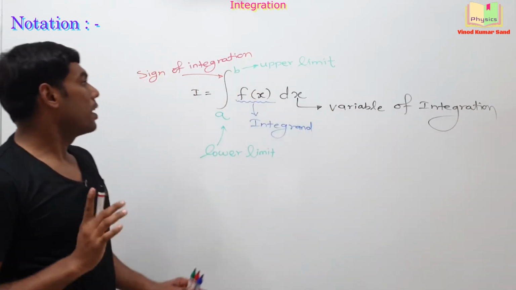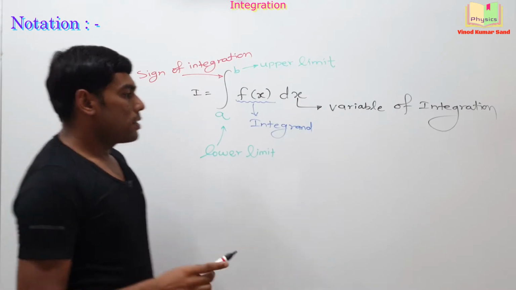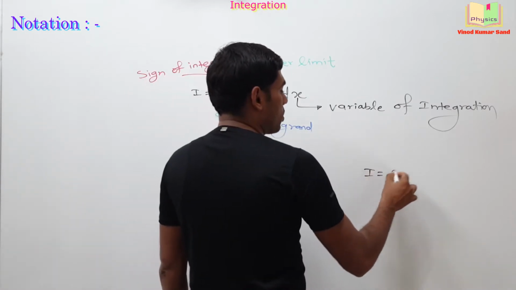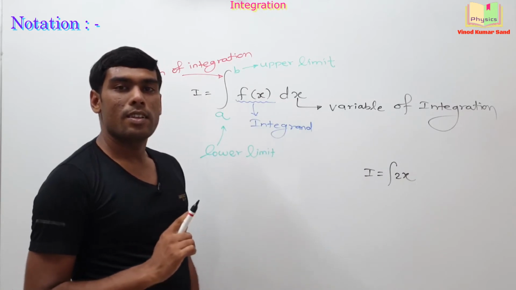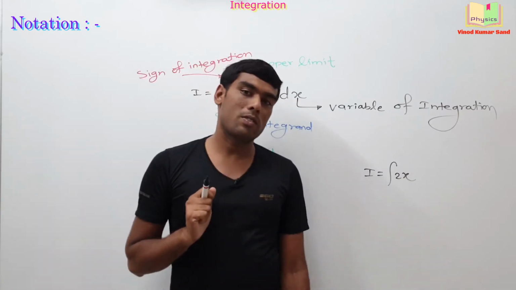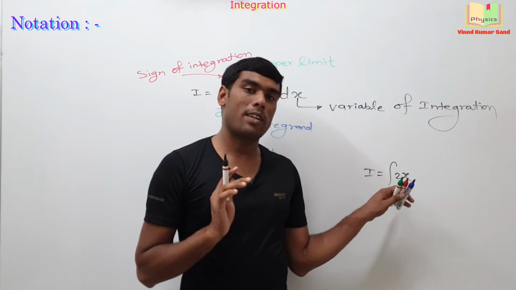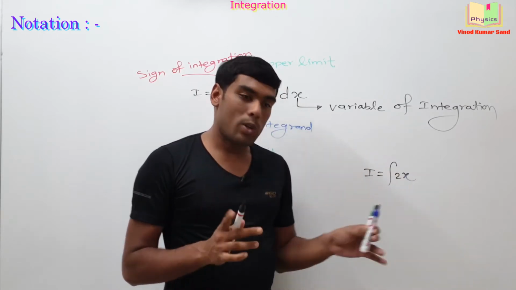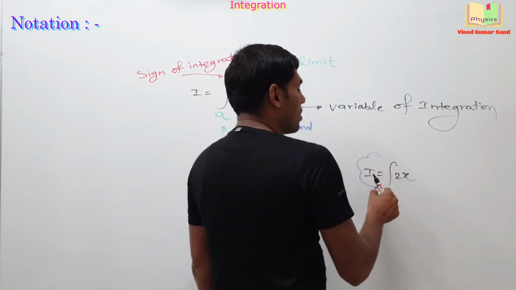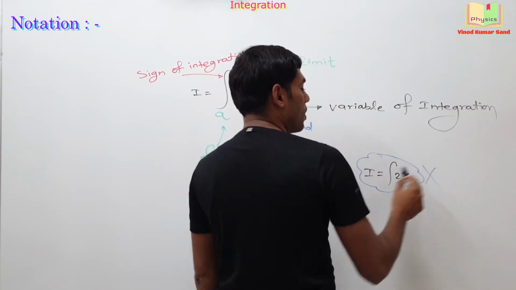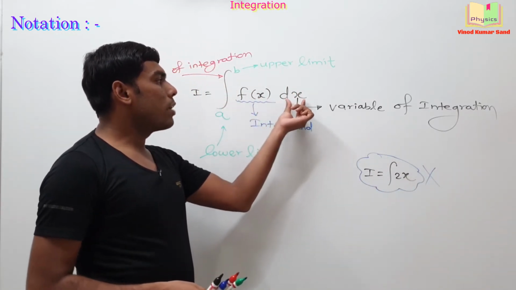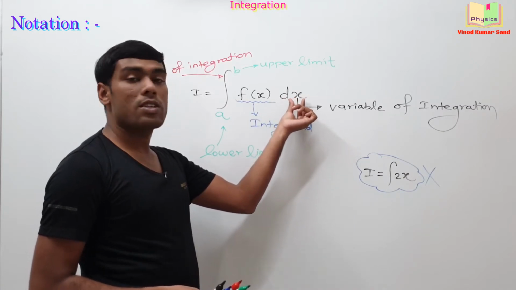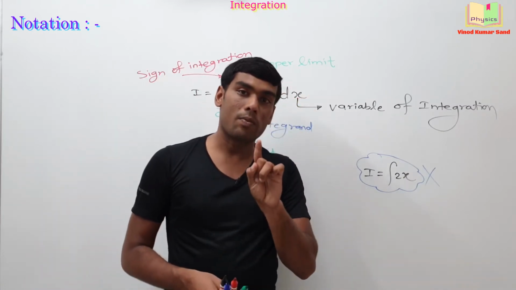Fine. Suppose somewhere you see this kind of notation. What you will understand? Post your answer in comment box. Looking at this, what you get in your mind? Actually nothing. This is of no use, because whenever you do the integration, the variable of integration must get defined there.